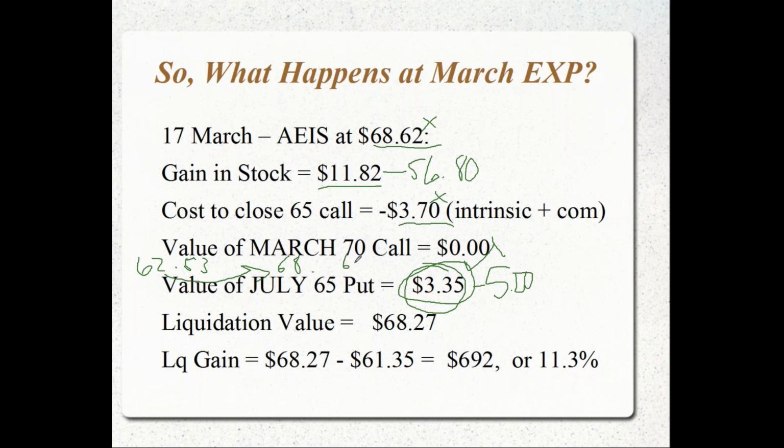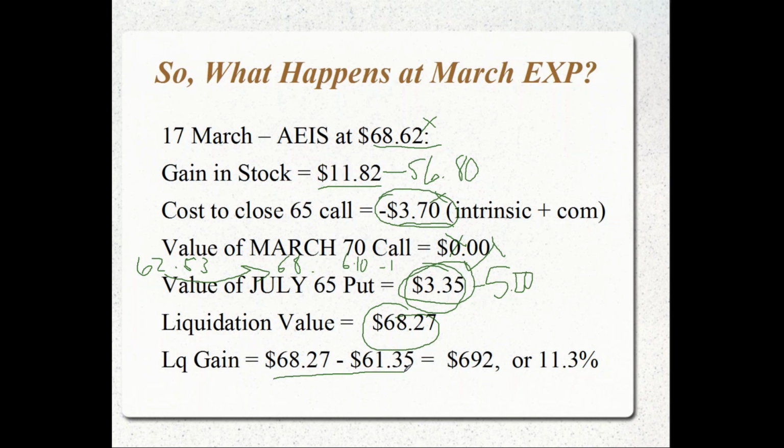It's another gain of $6.10 on the stock, and I only gave up $1.65 on the put. The total liquidation value is 68.27, right? Because we paid $3.70 to buy to close the call. The other call goes worthless. Sell to close the put at $3.35. So essentially, I'm paying 35 cents to close this call. So that reduces from the current stocks to 68.27.